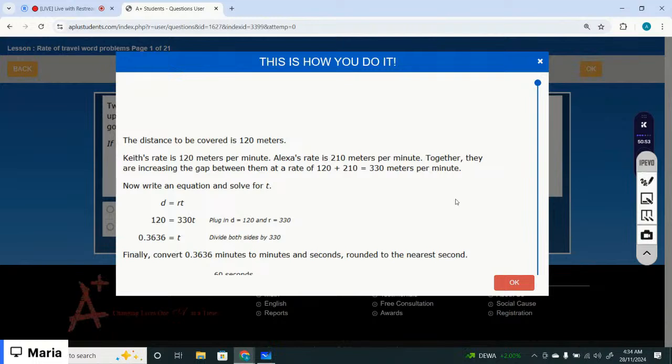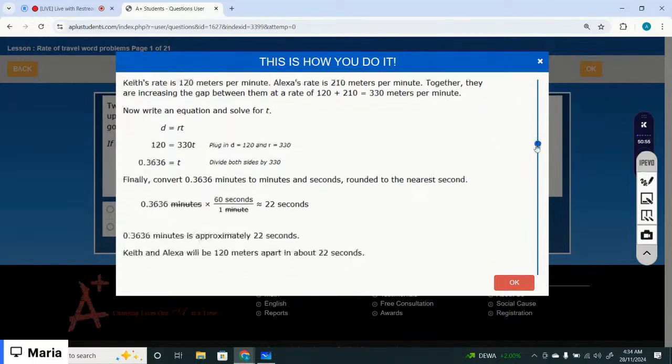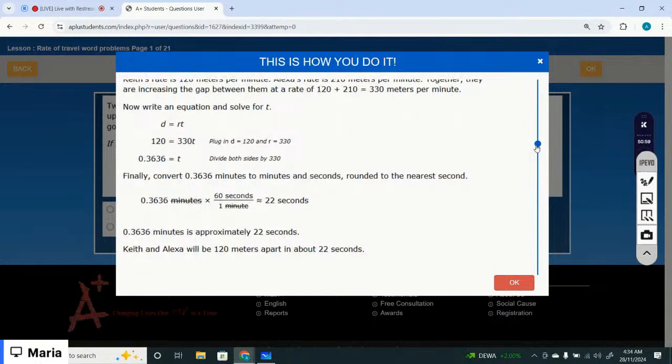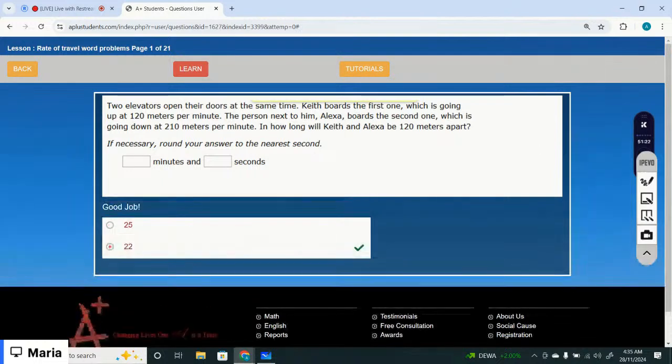So we have T equals 0.3636, and you have to multiply it by 60. 0.3636 times 60 is almost 22 seconds. Approximately 22 seconds it is. So the correct option is option number 2, that is 22 seconds.